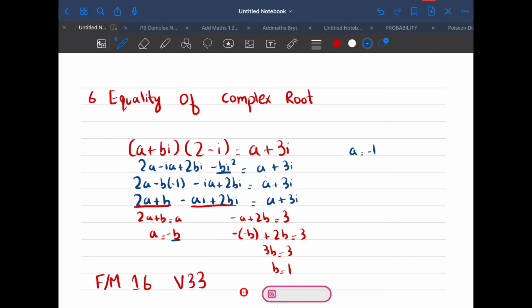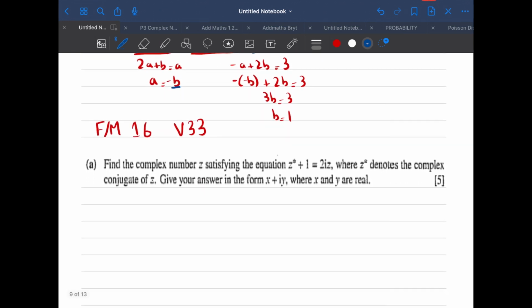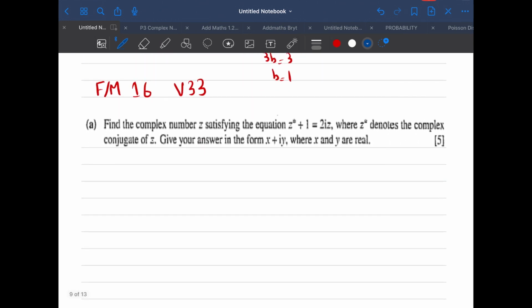Once you get b as 1, let's plug in here, a is minus 1. Do you get this? Let's do the February, March 16, variant 23 question. So z is not given to you, we need to find that. And this is z conjugate. The conjugate will be x minus iy plus 1 is equal to 2i into x plus iy. Let's multiply.